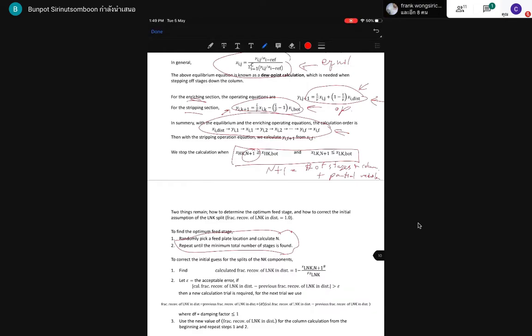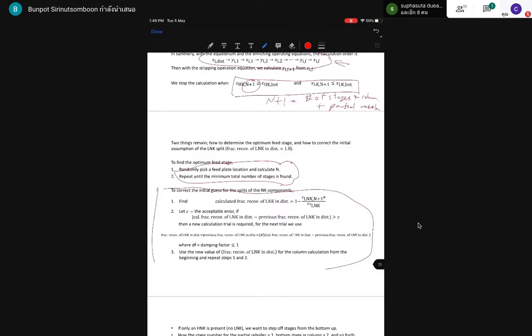And then next, this one is probably one of the more difficult sections in this class, which is to correct the initial assumption. As I said before, when we do the calculation, we assume it's a complete splitting, a complete separation of the non-key components.